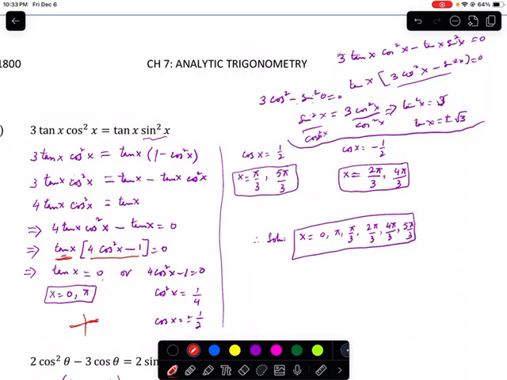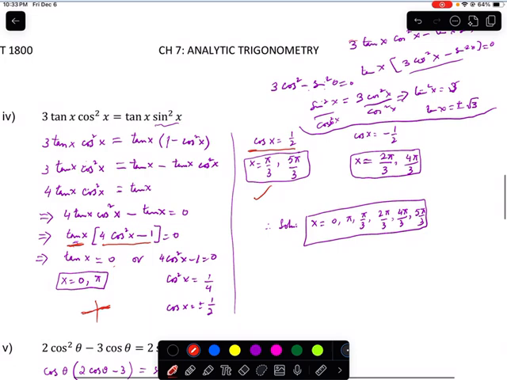And now from here you got two equations. So for one equation, cosine of x is equal to 1/2, we get this as our solution, because remember, we saw this already in the previous example. Cosine of x is equal to 1/2 will give you pi over 3 and 5 pi over 3.